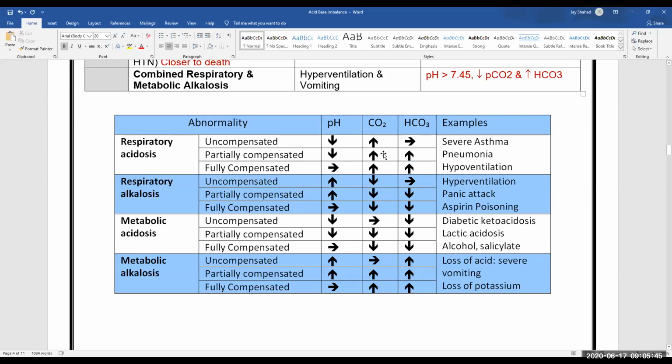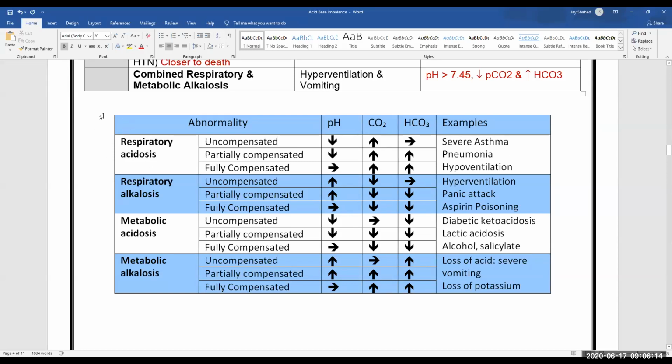So these two will go up together to compensate, but the pH is still lower than 7.35. Closer though, not way off, because it's 7.32 or 7.3. Because if it's within normal range, then it becomes what? Fully compensated.